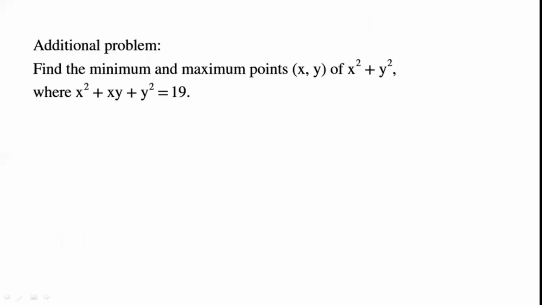Additional problem: find the minimum and maximum points x, y of x squared plus y squared, where x squared plus xy plus y squared equals 19.